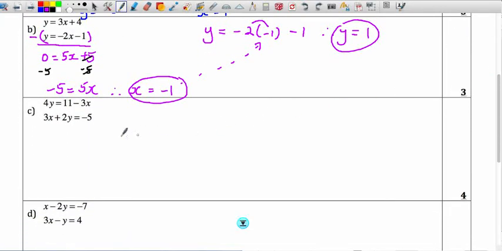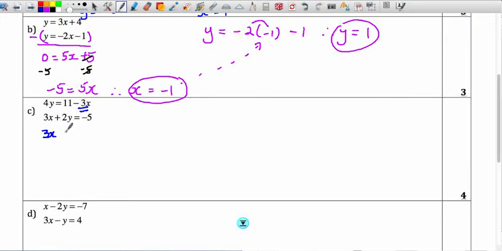Okay, the process for question C is the same, except what you can see here is that the equations are not aligned. The y's align with the x's, the equals are not aligned, and so what I need to do in this equation is begin by moving the negative 3x term to the left-hand side, and I can do that by adding 3x to both sides.